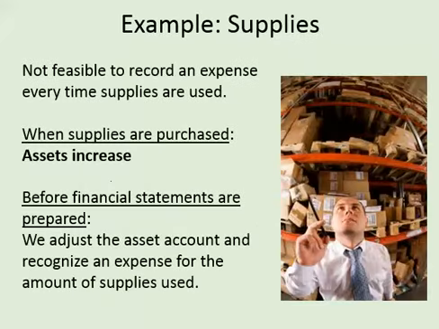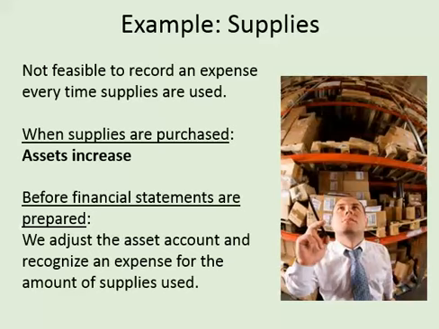So let's take a look at supplies as an example. Now, it wouldn't be feasible for a business to record an expense every single time supplies are used. So for example, if someone comes and grabs a stack of Post-it notes out of the supplies closet, the accountant doesn't want to have to increase supplies expense for $1 for every single time supplies are used.